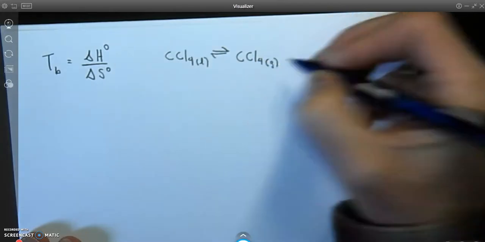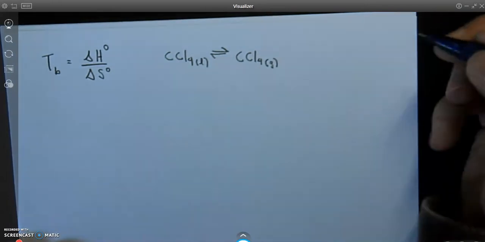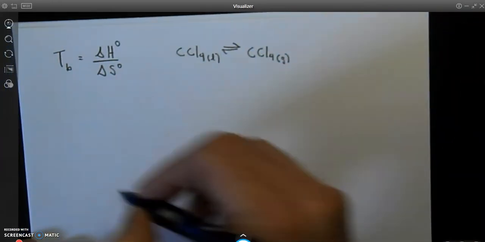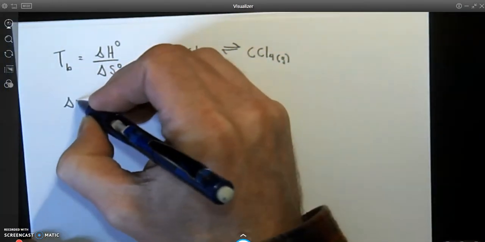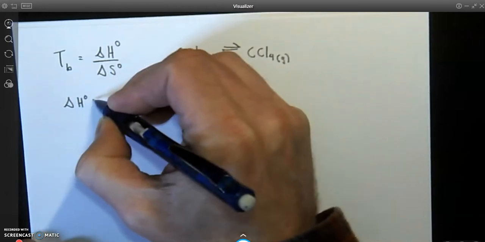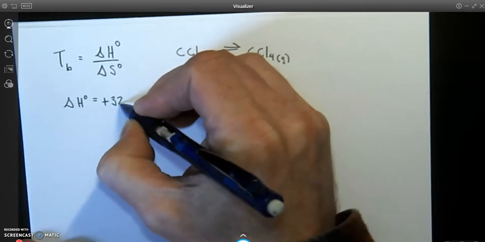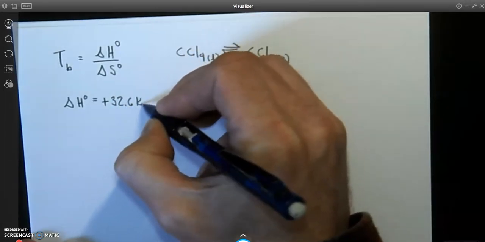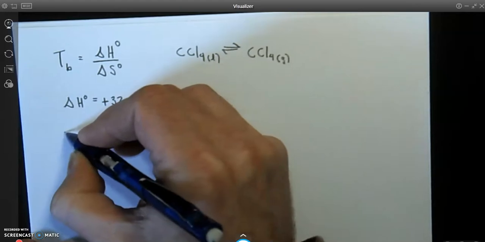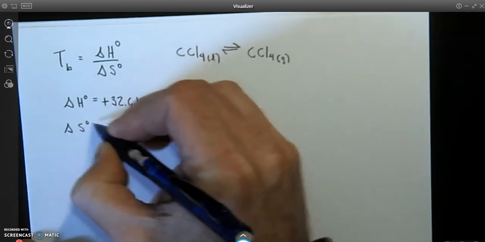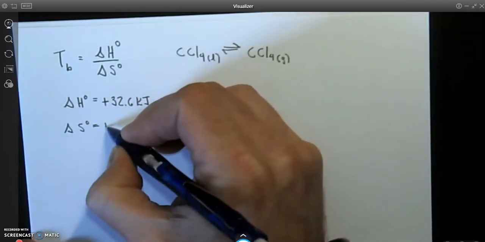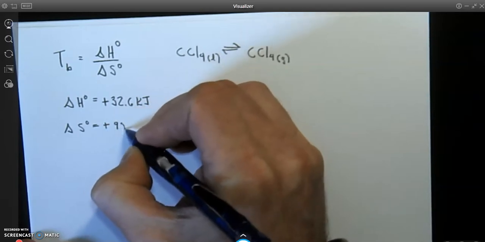And we have some values that we can look up. Let's see, the delta H for this carbon tetrachloride is 32.6 kilojoules. And the delta S value, standard, is positive 95 joules per Kelvin.